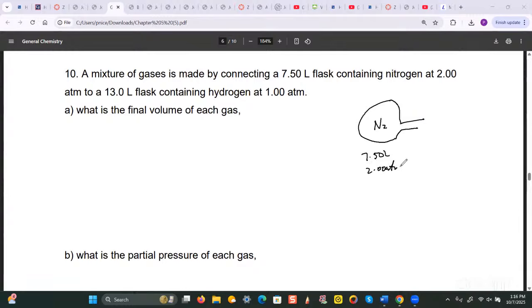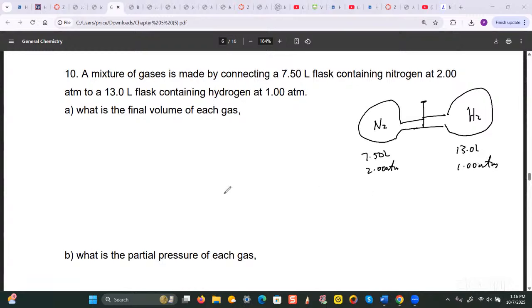It's connected to another flask, with something separating them, like a tap. This flask will contain hydrogen, and the volume is 13.0 liters and the pressure is 1.00 atmosphere. All right, so this is the situation.